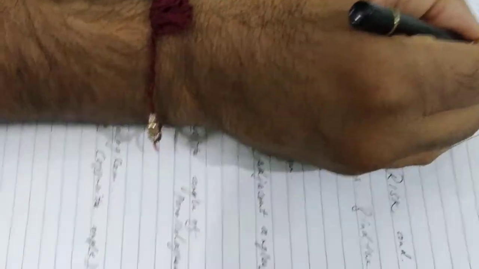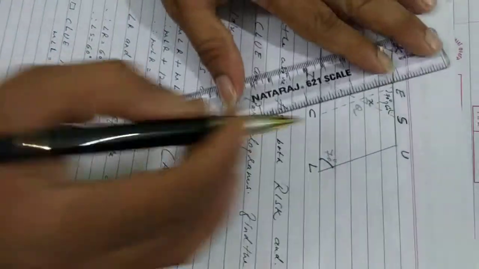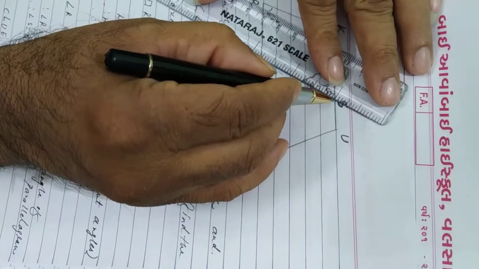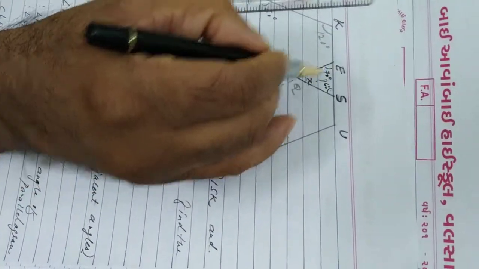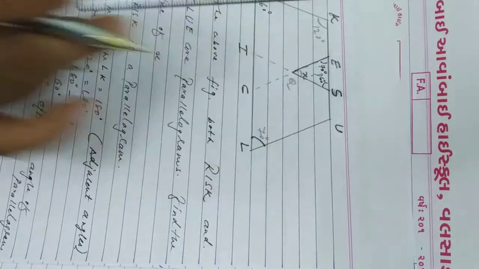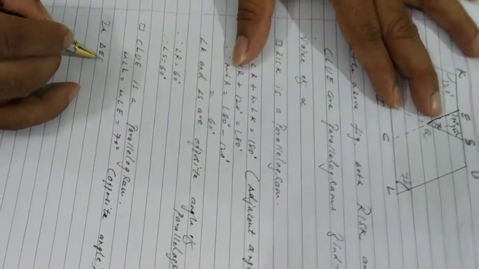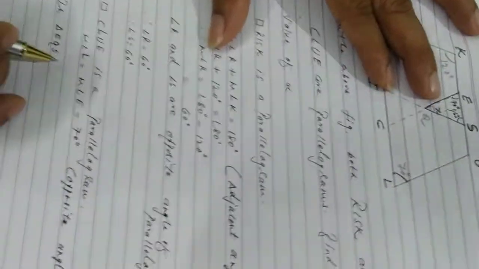So measure angle L is equal to 70, so E is equal to 70 degree. Now see in this triangle EQS.